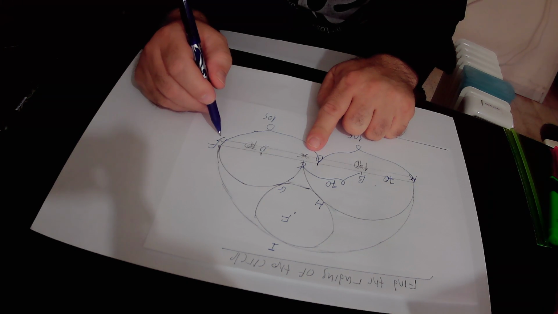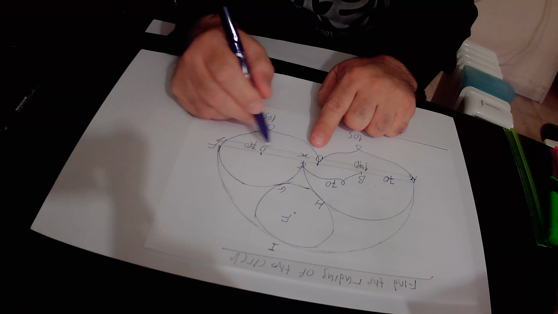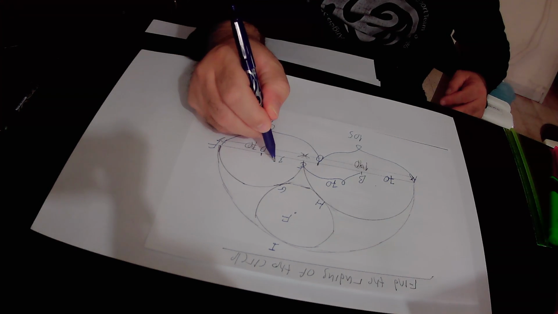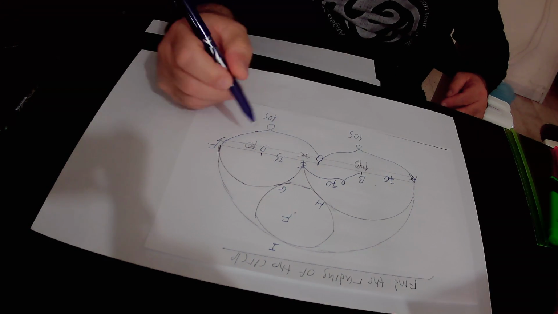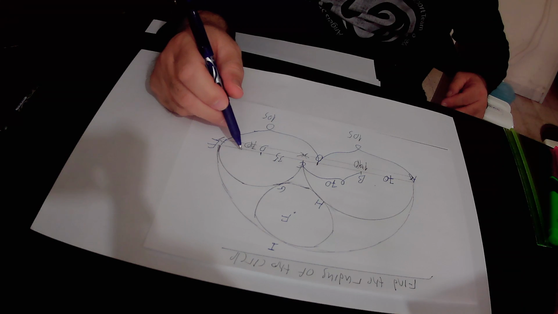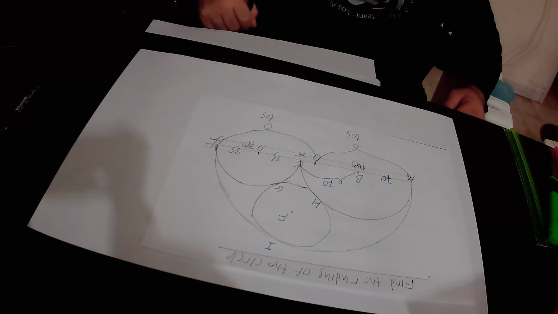And because the diameter of the smallest semicircle equals 70 units, therefore the radius must be equal to half of it. That is to say, CD, that is the radius of the smallest semicircle, equals 35 units. And also DE, that is also the radius of the smallest semicircle, equals 35 units. Okay.